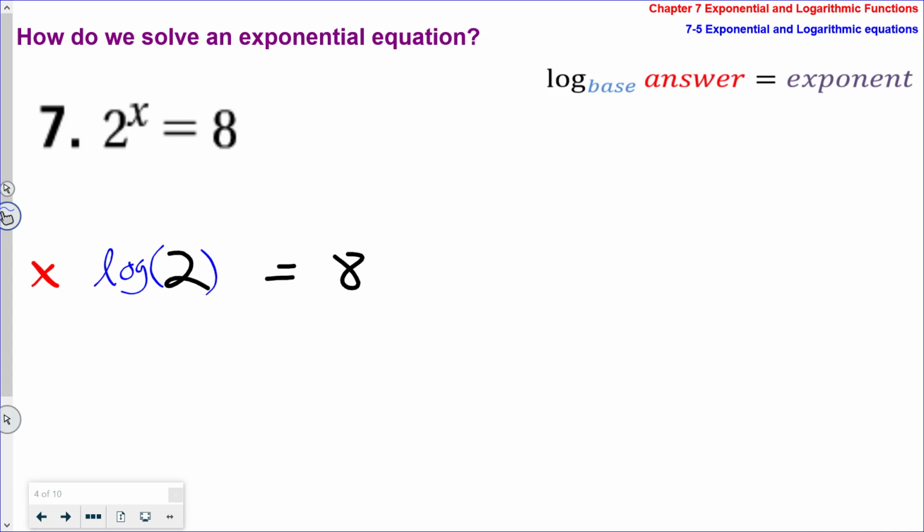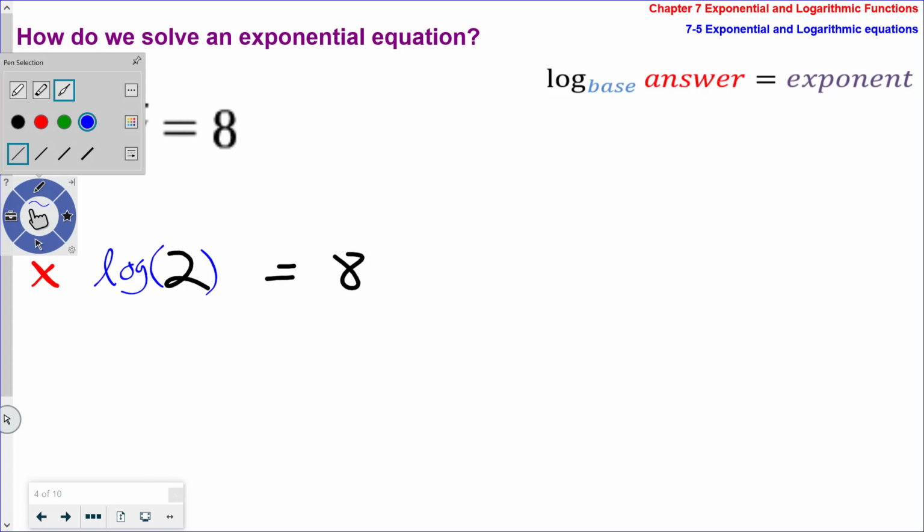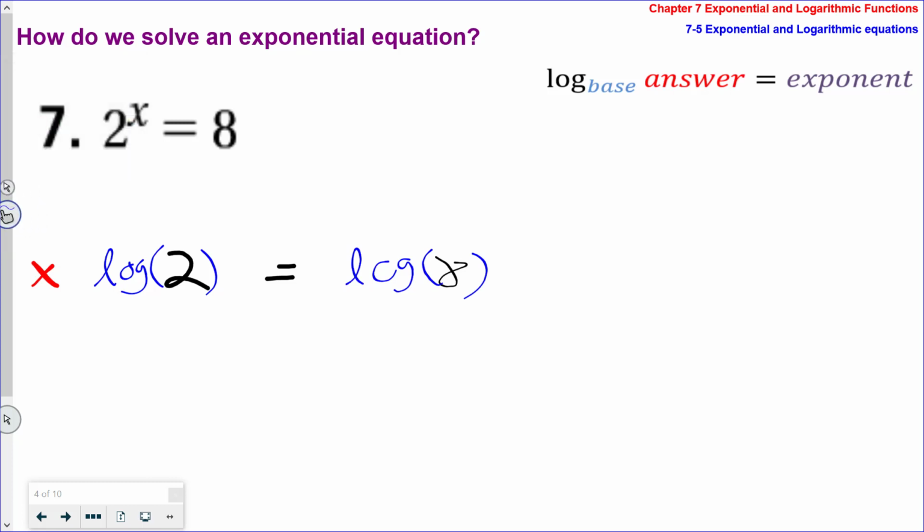So it's log of 8. This is x times log of 2 equals log of 8. Any questions about what's going on so far?